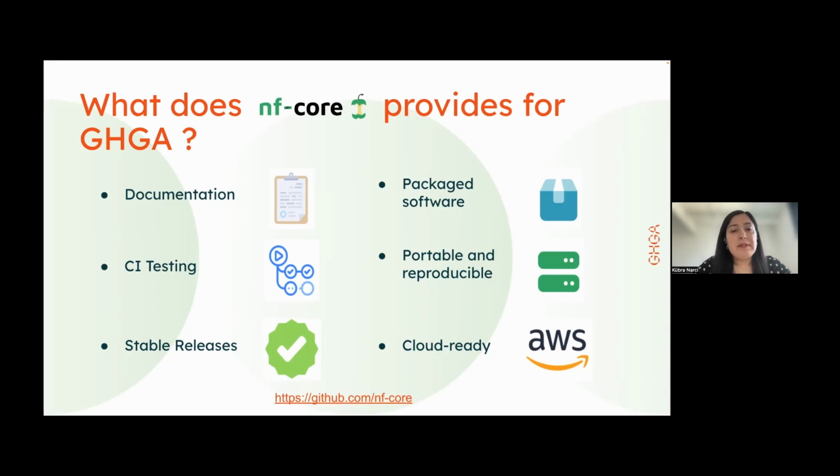Their pipeline dependencies are automatically downloaded and handled readily using Docker, Singularity, and also Conda environments, which makes them usable anywhere. And you won't need to install any software into your local environment.